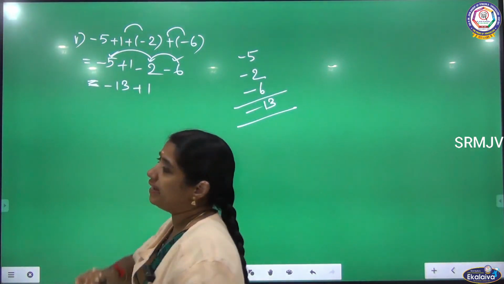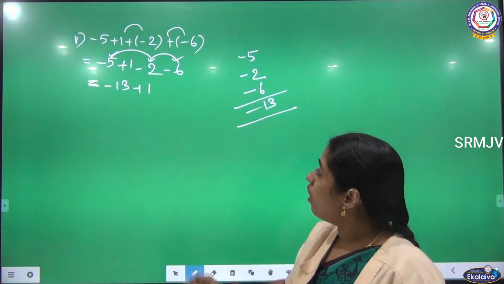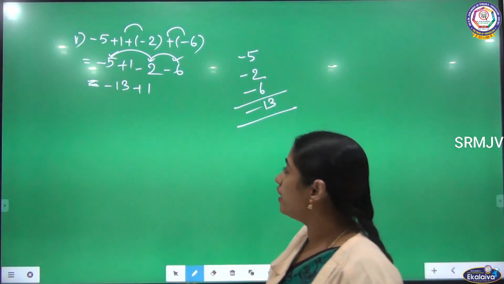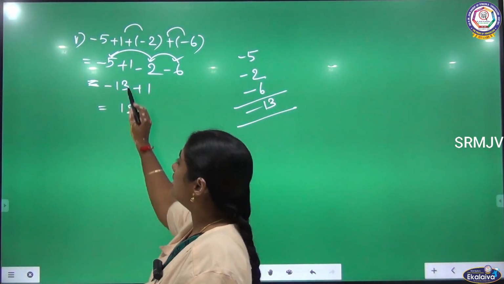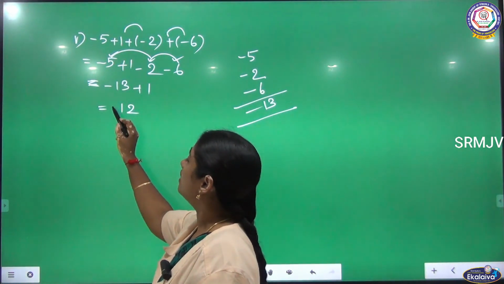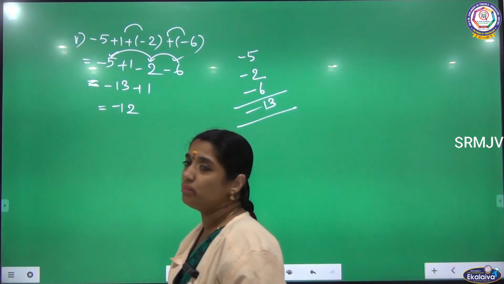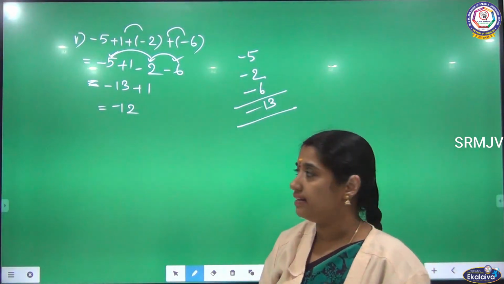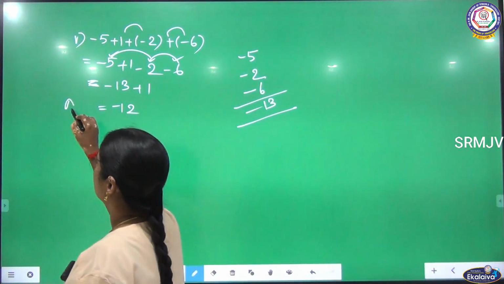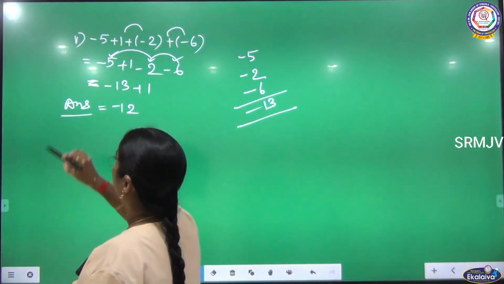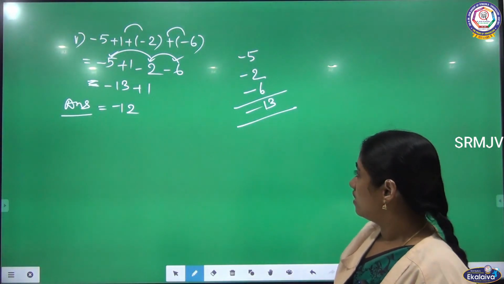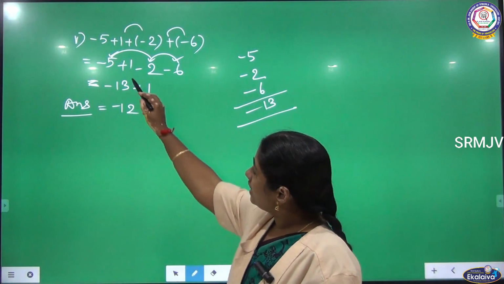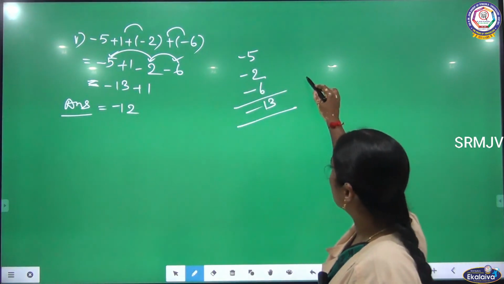Minus 13 plus 1. Now alternate symbol, so I am going to subtract 13 minus 1, which is 12. The negative symbol is greater here, so put the negative sign here. Can you clear this, children? Any doubt in this? See, I can do it like this also.